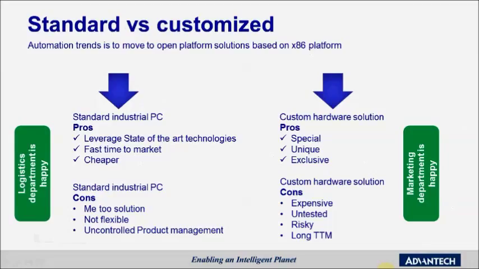It is not flexible because we are taking from the market what the market can offer us. And it has uncontrolled product management since we are relying on a supplier and we are not able to do anything. Of course, this is quite important for the logistics department. They are happy because they are working with a standard product. They can easily supply it from their supplier, and they don't need to manage any stock because it is just an on-demand solution.